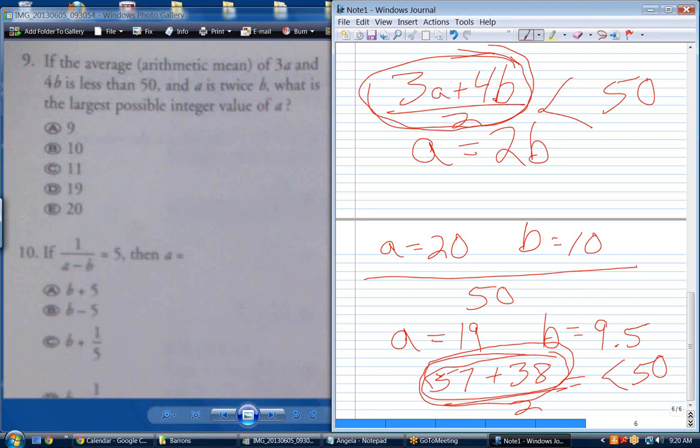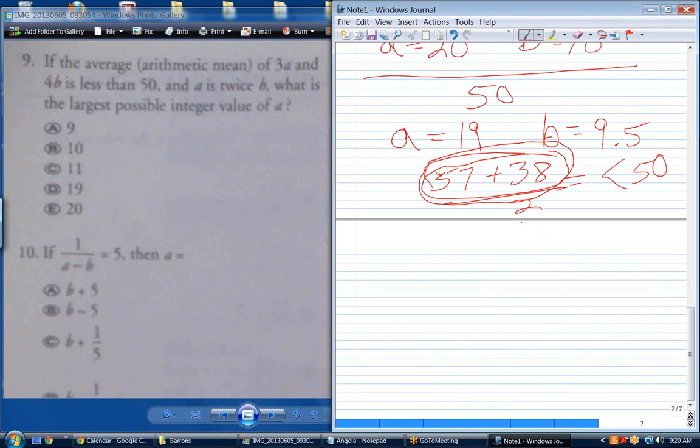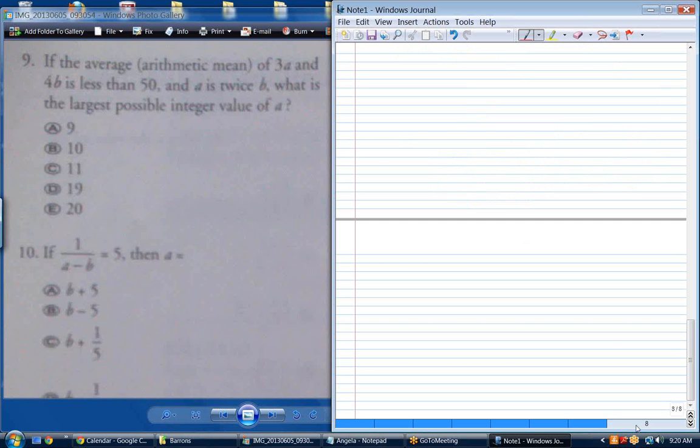Okay, the book adds an interesting additional way to solve this, even though I still like back solving it the best. But they say that 3A and 4B is the same as 3A plus 2A. Oh, okay. And that average is 2.5A.